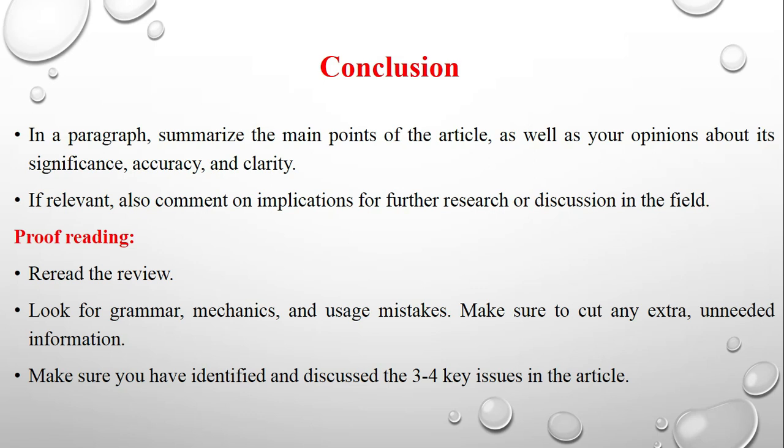You may find grammar, mechanics, and usage mistakes. You might know how to write the correct sentences, and make sure to cut any extra unneeded information. Make sure you have identified and discussed the 3 to 4 key issues in the article.